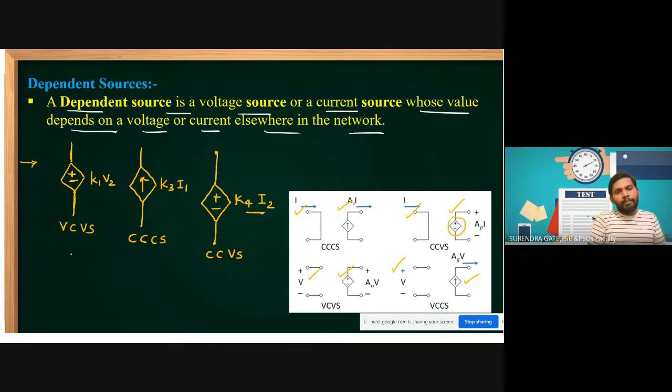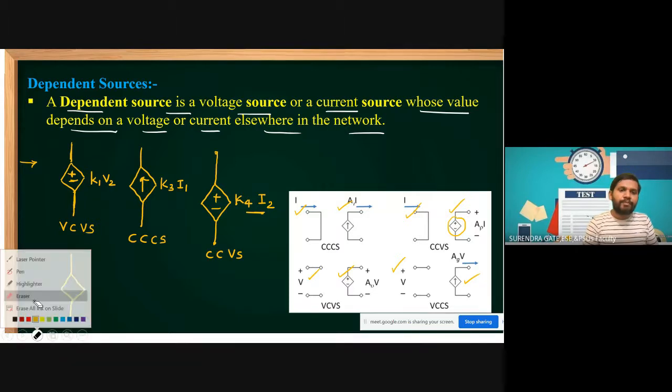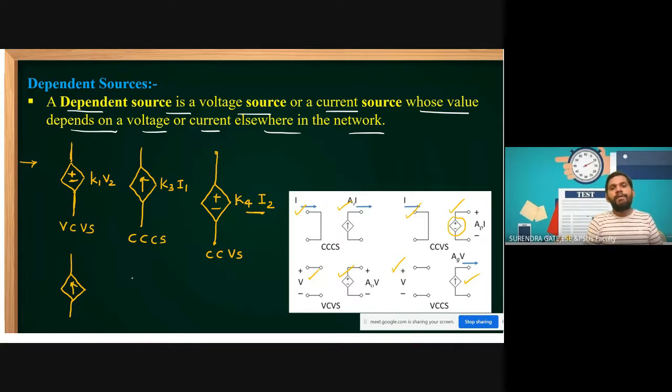One more I am giving here. Instead of plus minus, I will take a current source. Then for the current source, I take some constant K5 into V2.